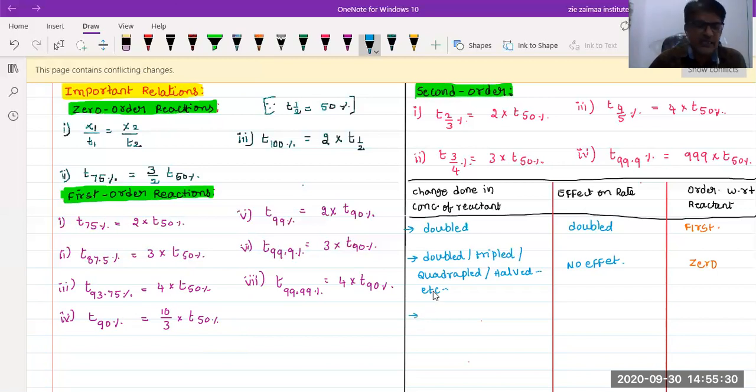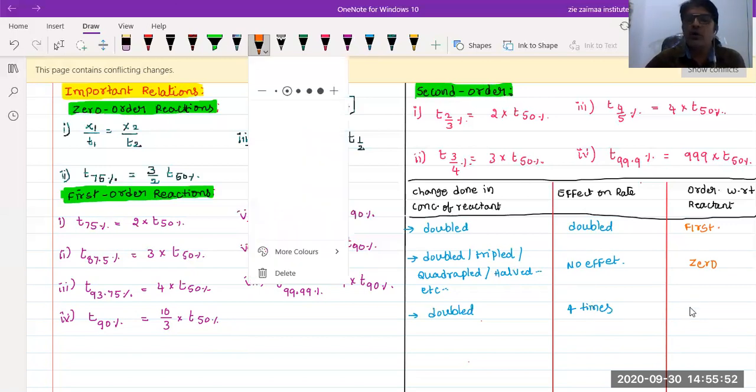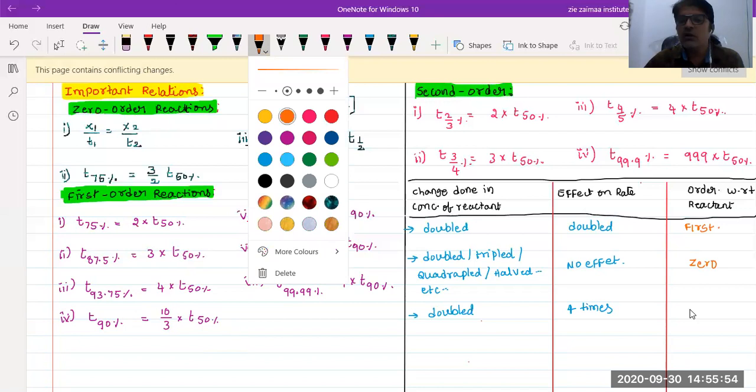Suppose it is doubled, and the effect on rate is that it increases 4 times. See beta, I've already explained this in our previous topic, so please revise once, okay na? And that order will be second order, beta.